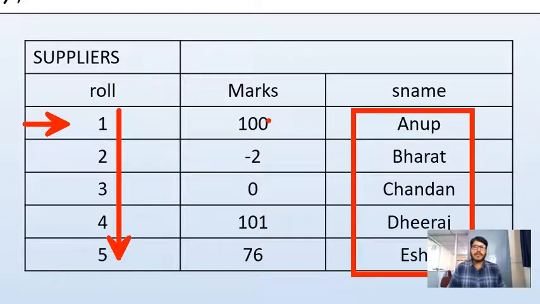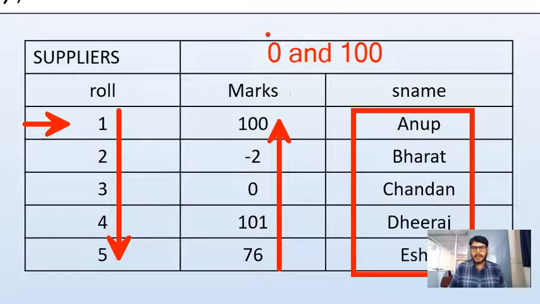Look at the marks column now. I have implemented a check constraint for the marks column, and the range I have specified is minimum 0 and maximum 100. Whatever value I'm going to insert here must be within this range.